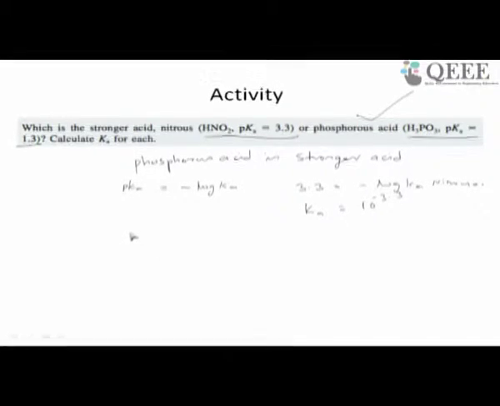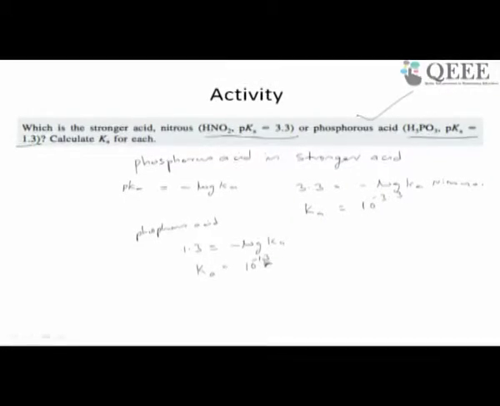Similarly, you can also do it for phosphorus acid. That is 1.3 equals negative log of Ka. If you bring Ka to this side, the Ka value turns out to be 10 power minus 1.3.